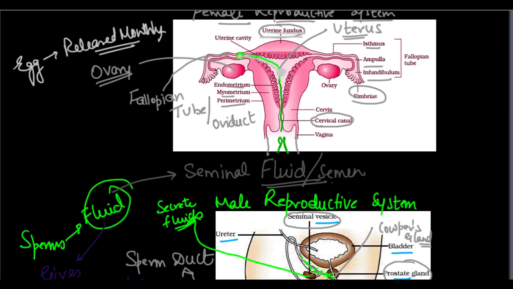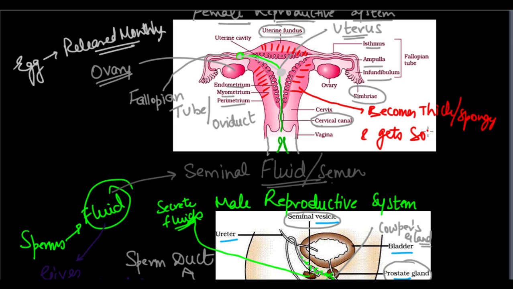This lining of the uterus, to receive the zygote which will further develop into an embryo and into a baby, becomes thick and spongy, and garners some blood vessels. These blood vessels are the ones which are going to provide nourishment to the growing embryo.